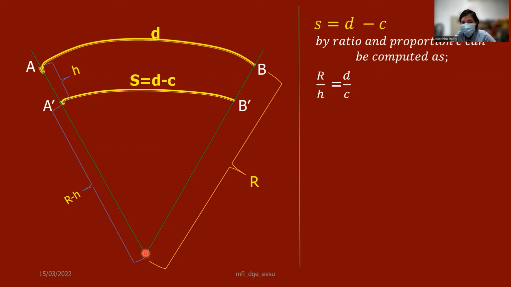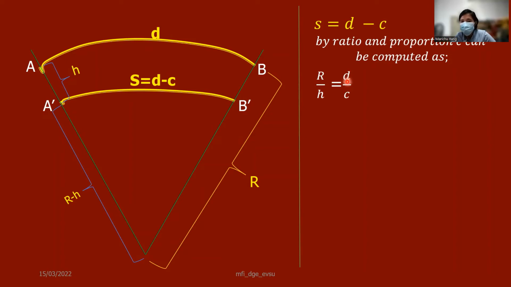So similarly, if we are going to this triangle here with respect to H, then our C with respect to the correction to be applied. So if we measure the longer distance, mag-i-increase din yung value ng C. If we increase the value of correction, then our distance will also decrease.